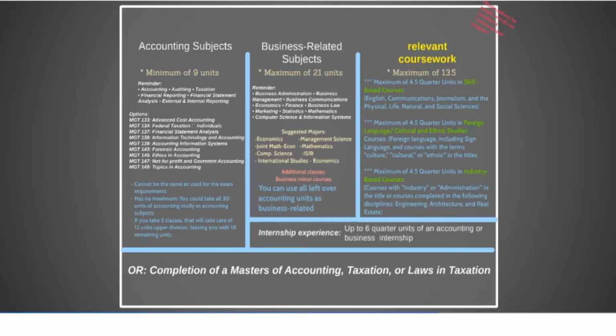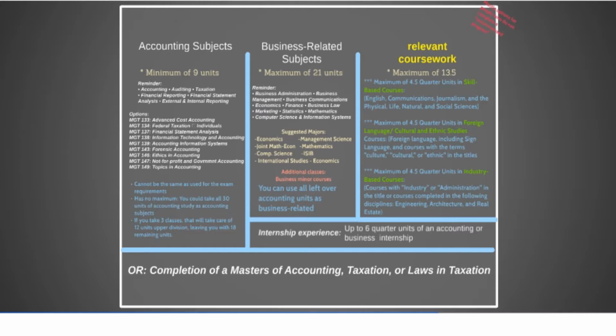So what this is allowing you to do is to do one course in what they consider as skill-based courses. And this is going to be English, communication, journalism, physical life, natural life, and social sciences. Then it's also allowing you to do one class in a foreign language or a cultural studies class. And lastly, it's letting you complete one course as an industry-based course.